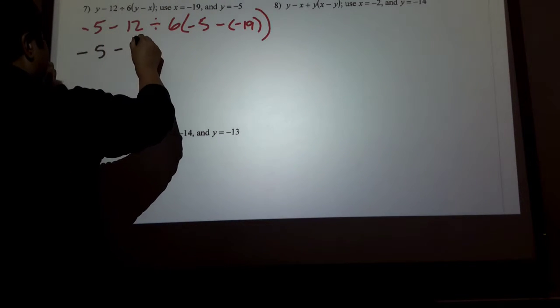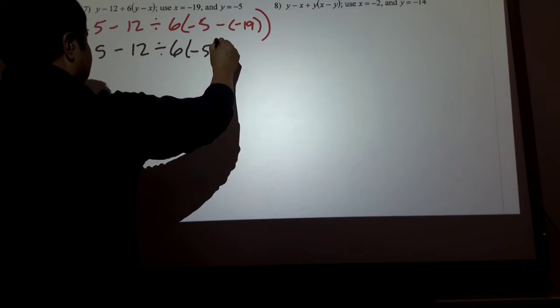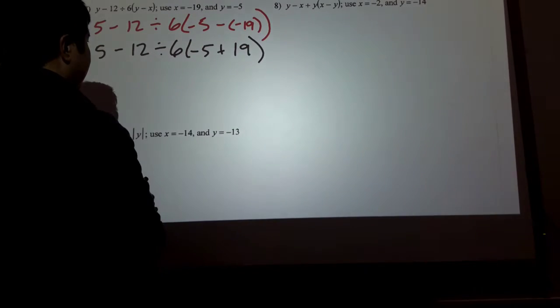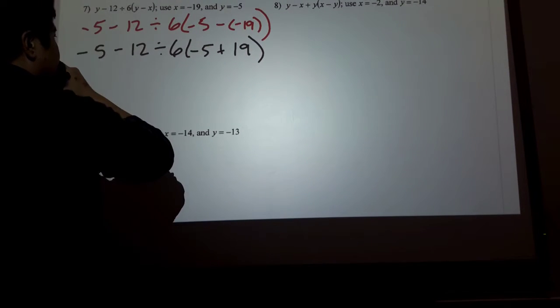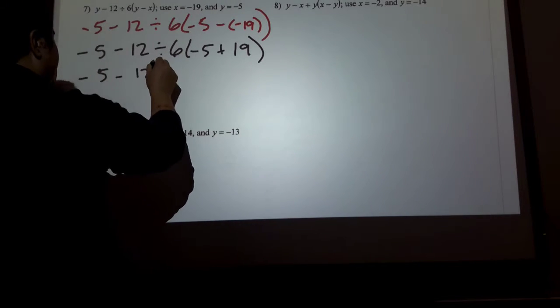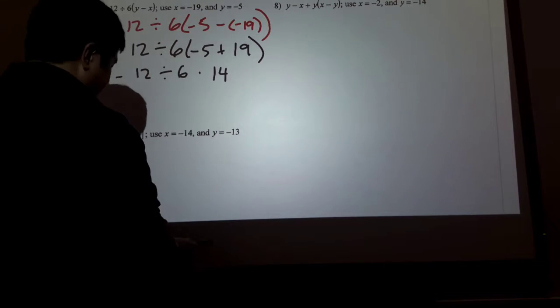So negative 5 minus 12 divided by 6 times (negative 5 plus the opposite of negative 19, which is 19). Negative 5 plus 19 is going to be 14, so negative 5 minus 12 divided by 6 times 14.